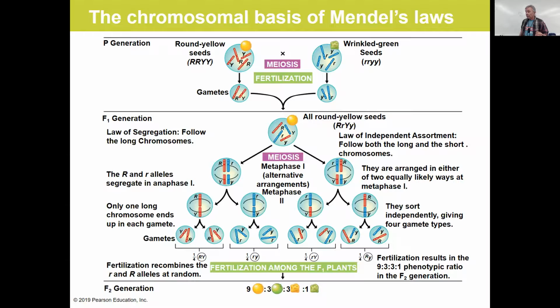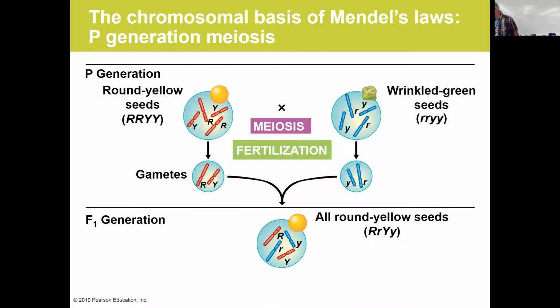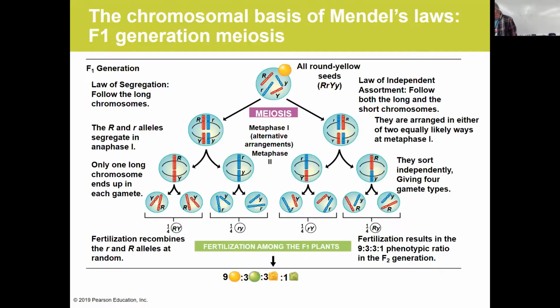And like I said, if they're on different chromosomes, they're going to independently assort, because each pair of homologous chromosomes assorts independent of any other pair of homologous chromosomes. So we already really went over this. And we get the 9:3:3:1 ratio. We already did that with round versus wrinkled and yellow versus green.